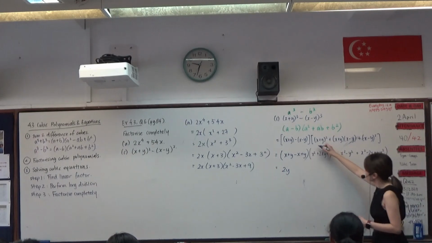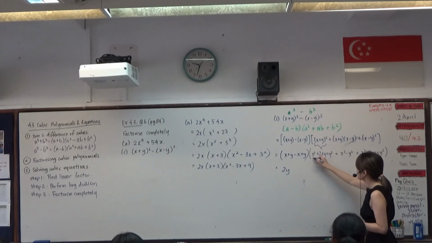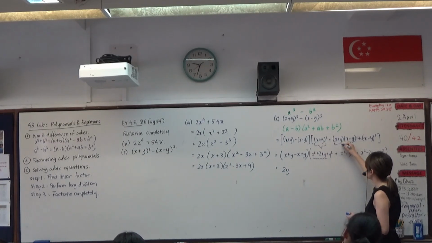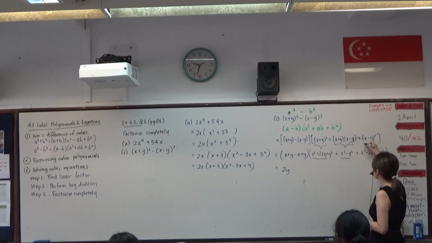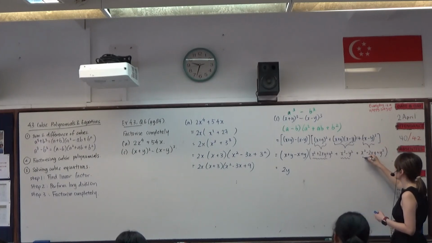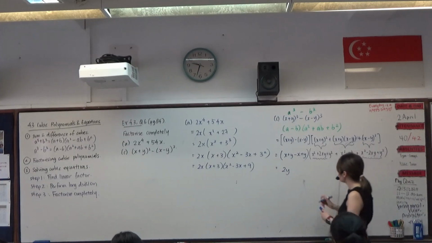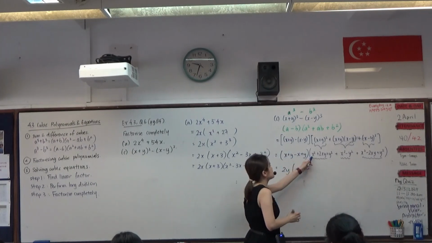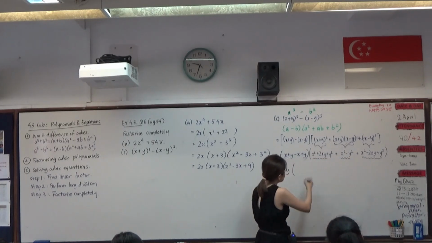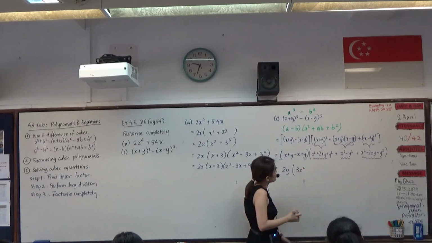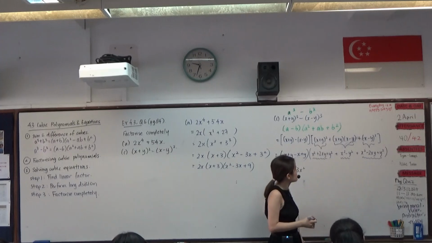Okay, so this leads to this, and then this leads to this, and then this leads to this. Right? Then simplify it. X squared plus x squared plus x squared, that's 3x squared. 2xy minus 2xy, there's no more.